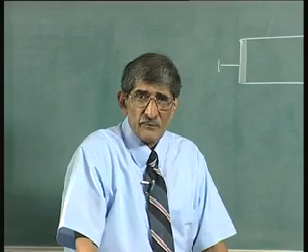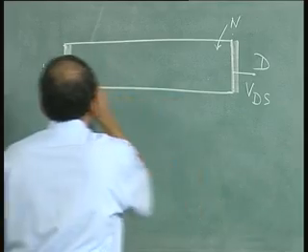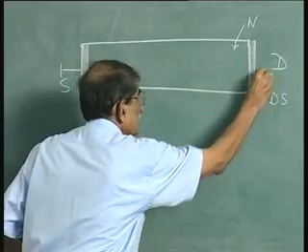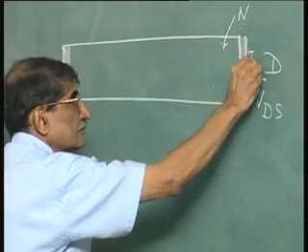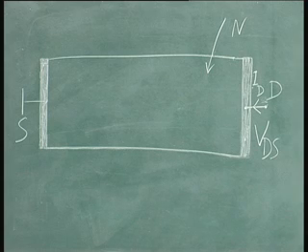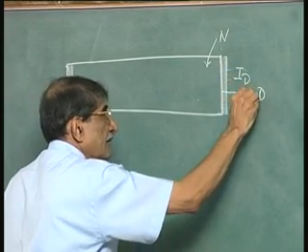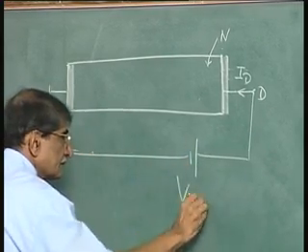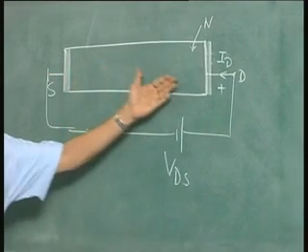Now, if the voltages are low, when I apply VDS, this is N type, there will be current flow like this. I can call it as ID. There will be current flow from that side, ID, and I am applying VDS, plus there, minus there. This is like a bar of semiconductor.